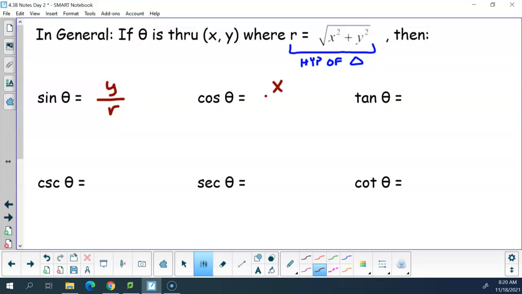Cosine will be x over r. Tangent will be y over x. This helps if you're going through a point. Then these are just reciprocals.